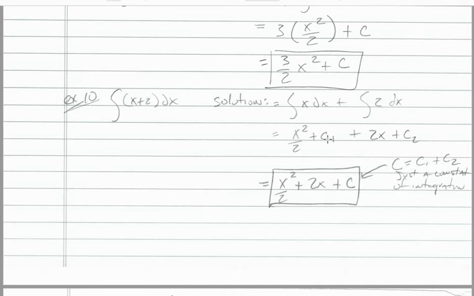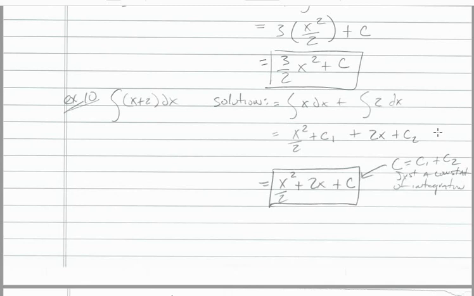But notice that each one has a constant of integration. The antiderivative of x is x squared divided by 2 plus, we're going to call it constant 1. And then the antiderivative of 2 is 2x plus some other constant 2. Since it's two separate integrals, these could be termed two different constants.